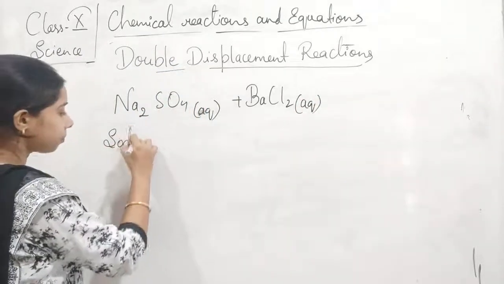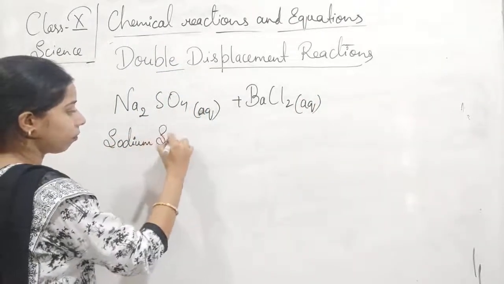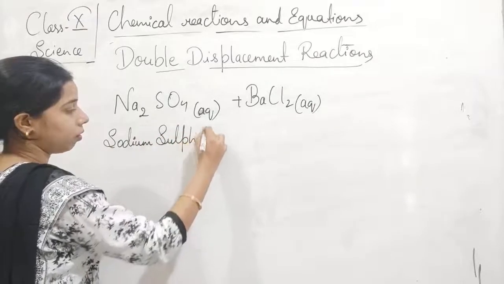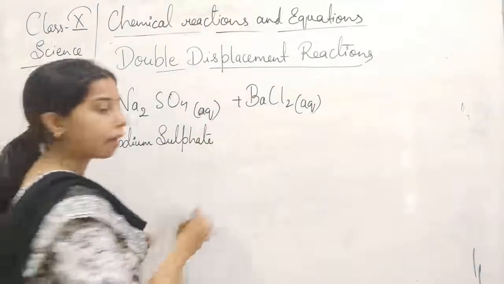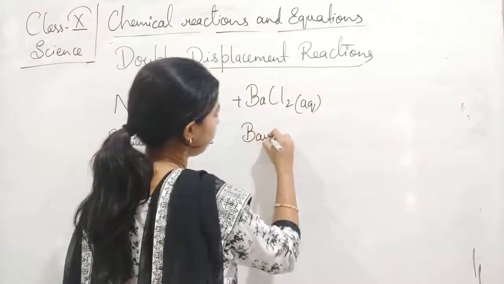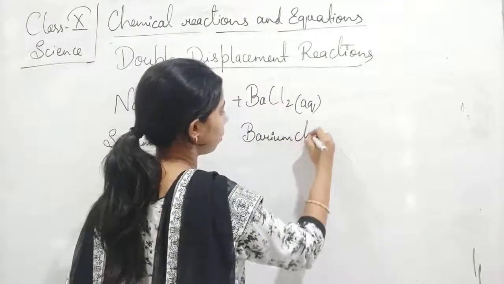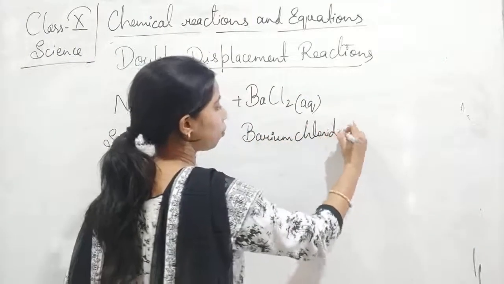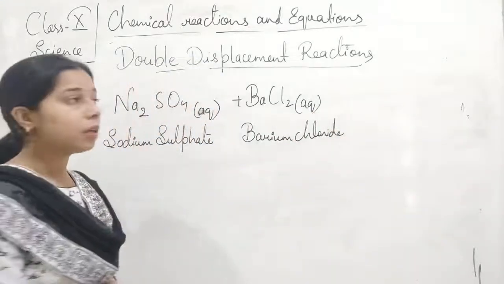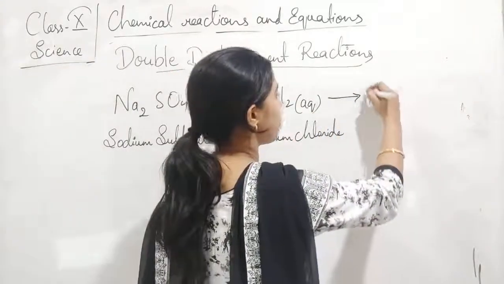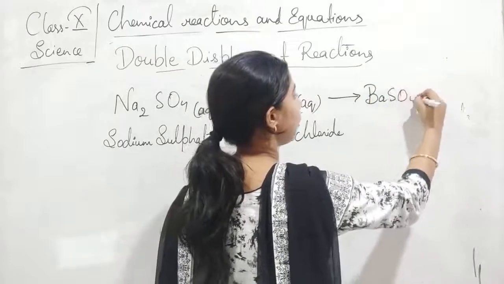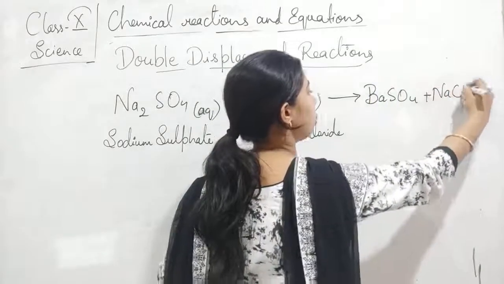Sodium sulfate and barium chloride. This will form barium sulfate plus sodium chloride.